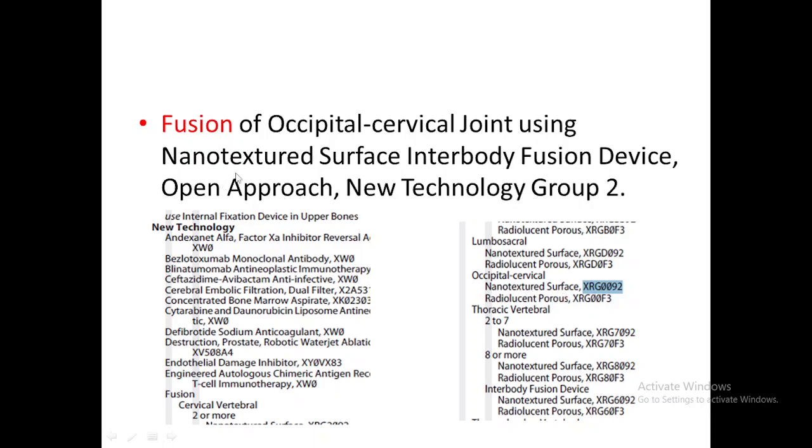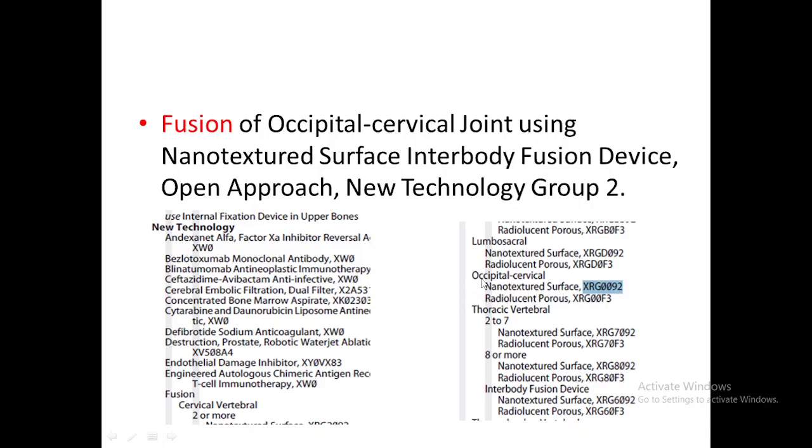See, nano textured surface. In order to code these types of procedures, you should have an understanding that nano textured surface is given a separate entry in the index. When you know this point, you can directly come to this nano textured surface.